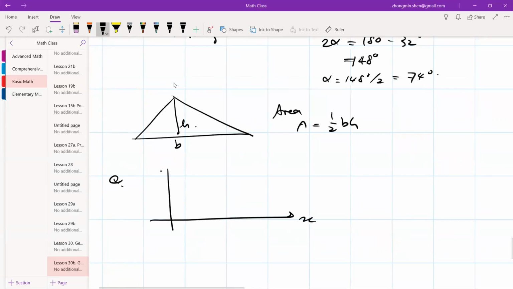This is the x-axis, this is the y-axis. This is a 4, that's a 5, and this is going to be 3, connected. What is the area of the triangle ABC?